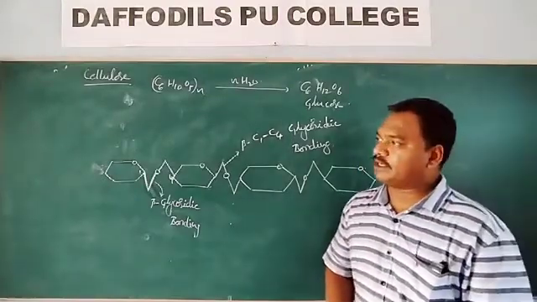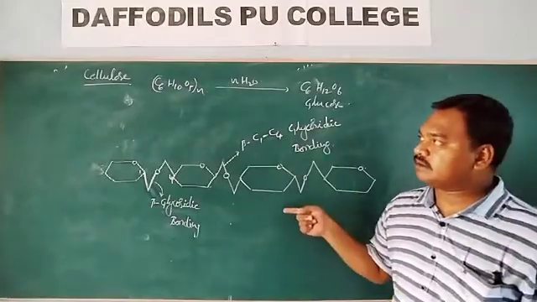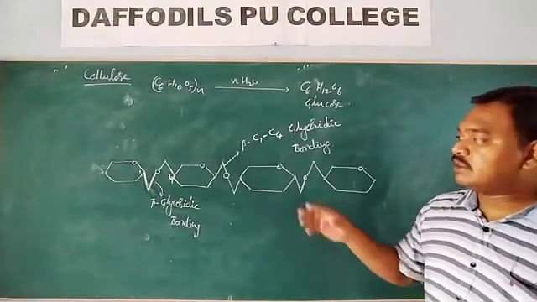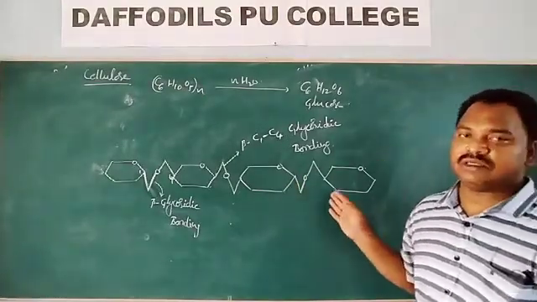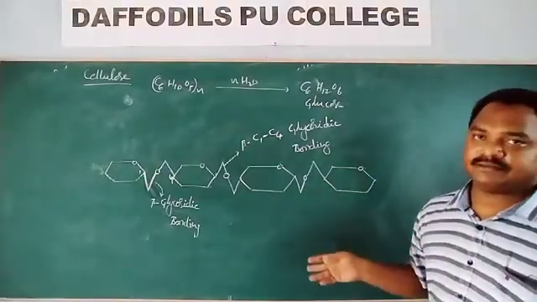That is in the case of starch, but in glycogen, these straight chains of alpha D glucose units are heavily branched.